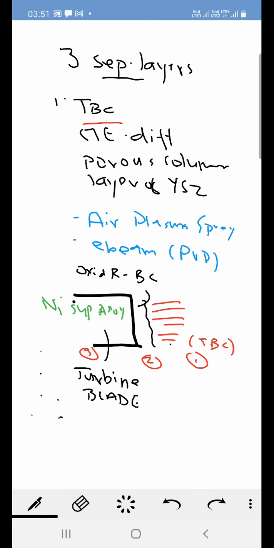One is TBC, two is the bond coat, and the third is the superalloy. So these three layers are used, and it helps to improve the efficiency of the turbine blade and its functioning. So fuel efficiency is also increased.